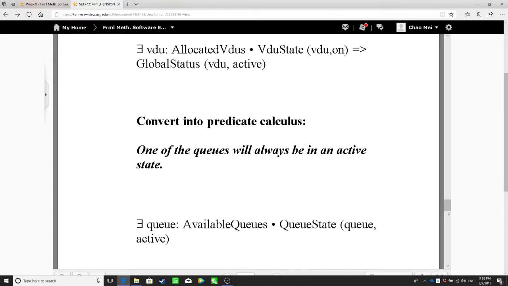The queue has a queue state, which is active. But a function, you can define as anything. Like a Boolean function, but a Boolean function can also be like a compare, maybe compare 1 and 2, and it will return greater or equal, something like that.